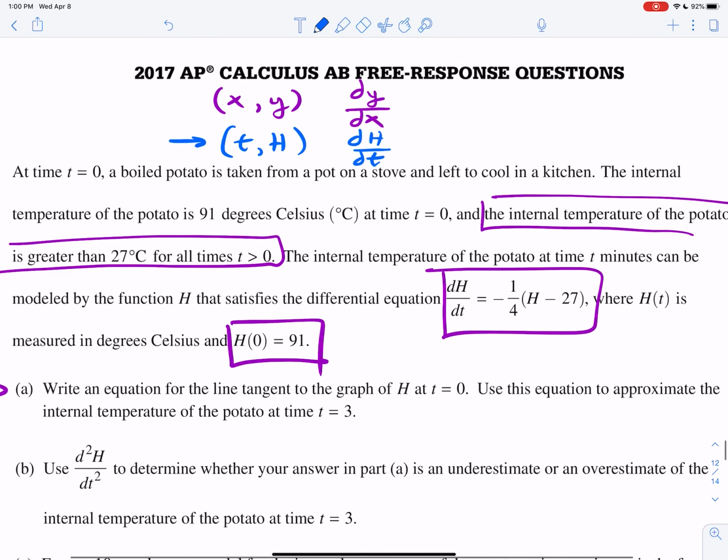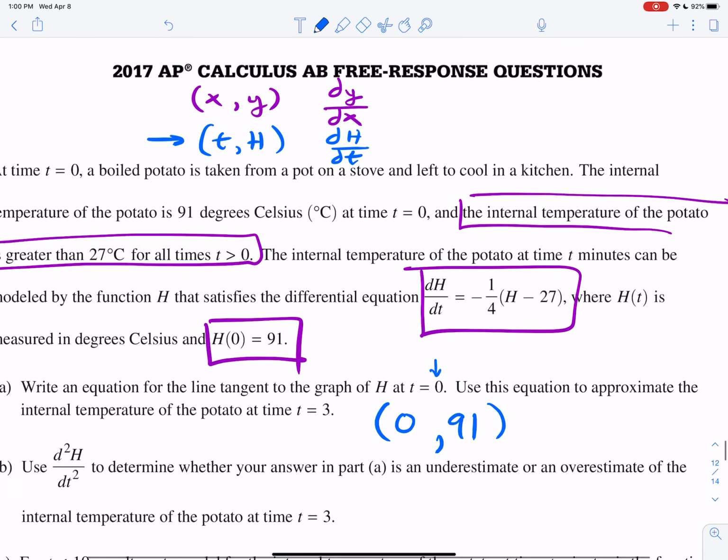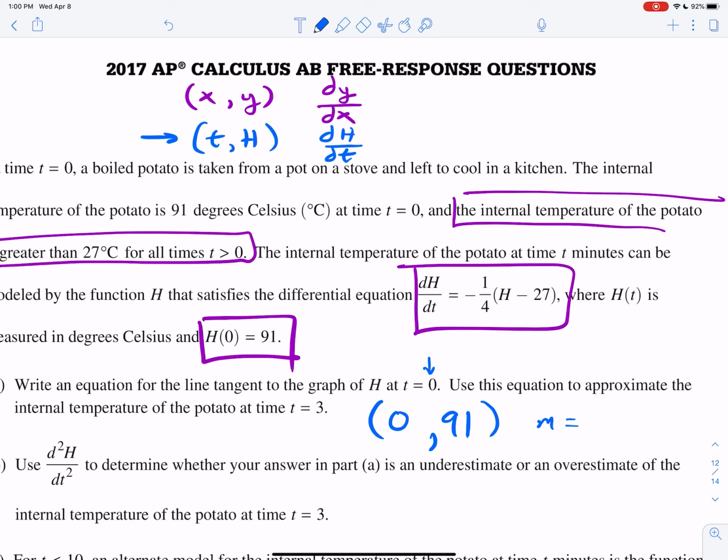Most kids tend to find that helpful, so I'll leave that up to you guys. So we need to know what the point is. We know that t is equal to 0. Now at time 0, do I know the internal temperature of the potato? In this case, it's 91. So all we're missing is the slope, which is really just the derivative. If I plug in 91 in here, you should get negative 16 if you do your math right.